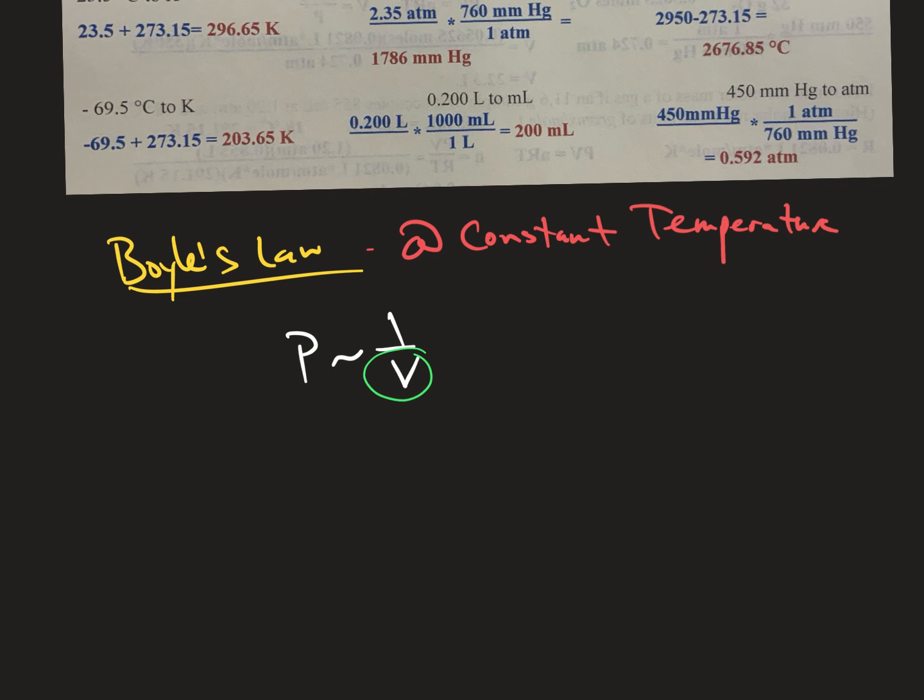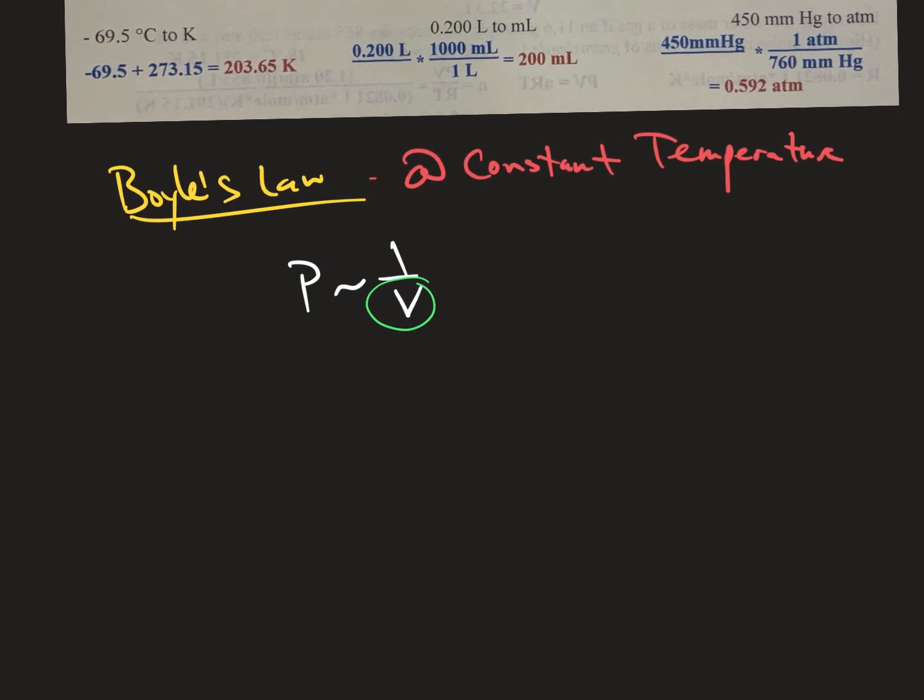If we want to make this an equation, then pressure is equal to some constant multiplied by 1 over volume. Whatever that constant is, now we have an equation. Let's multiply both sides by volume so we can solve for the constant.